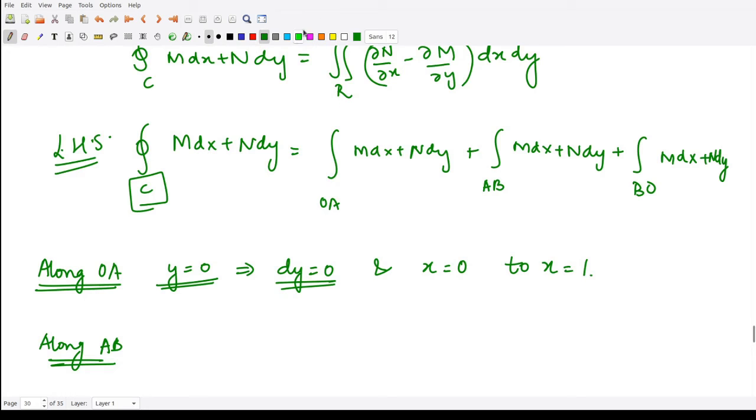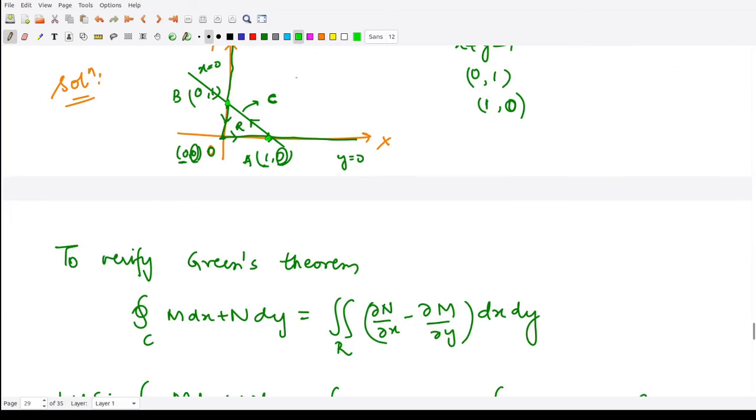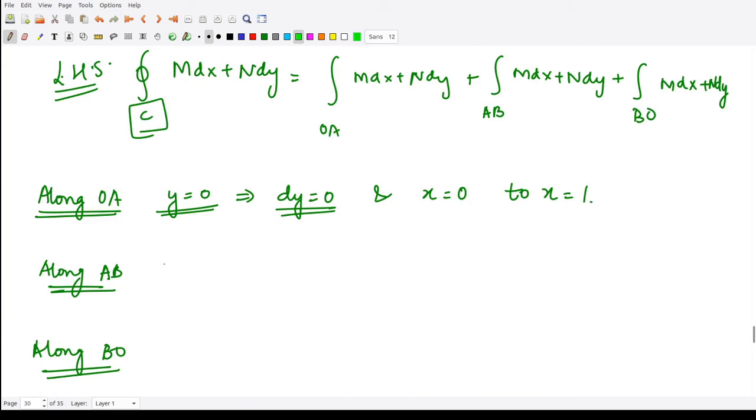Now let us see the same whenever we are moving from the point A to the point B. This is our point A, this is our point B. Here we have the equation of this line as x plus y is equal to 1. From here I can either write the value of x or the value of y, so it is up to me.